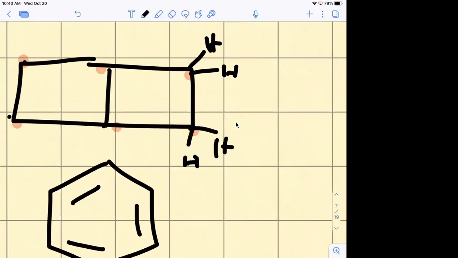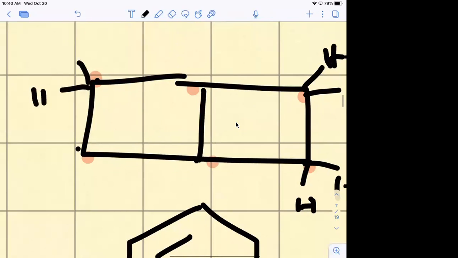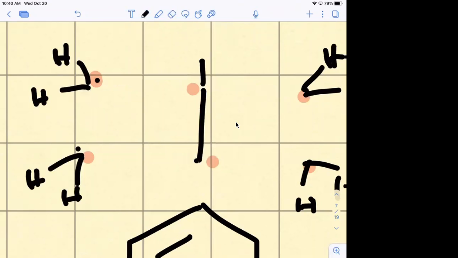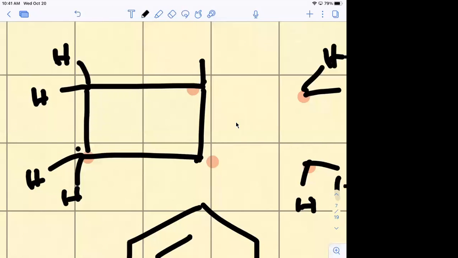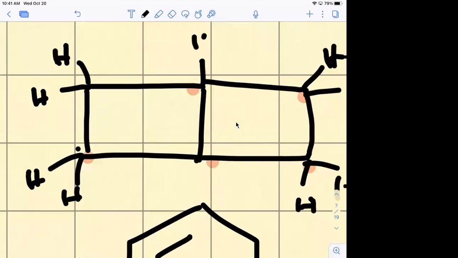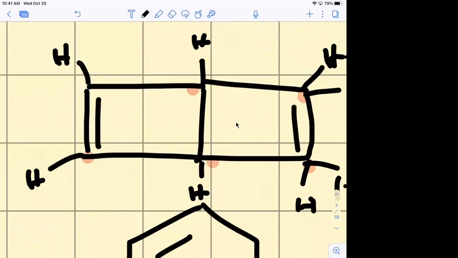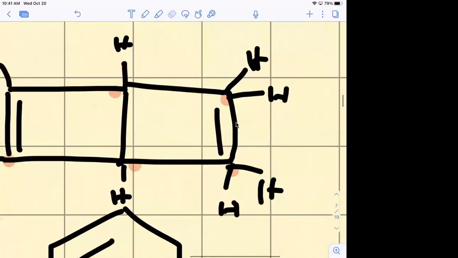Right, there should be one hydrogen here and one here. But if I put a double bond in here, I just need to remove one of the hydrogens. And the same thing on the other side. I can put a double bond in there and take off one of the hydrogens.